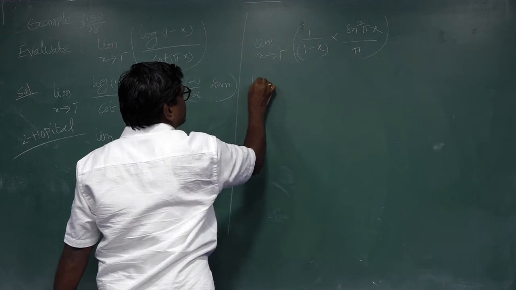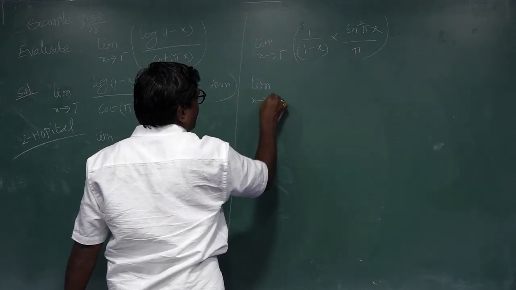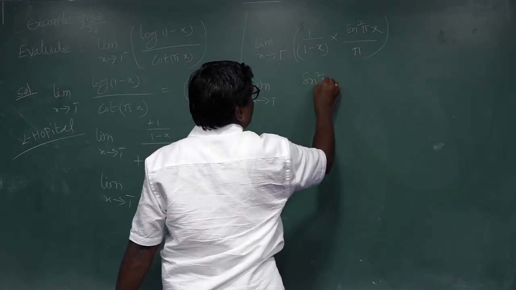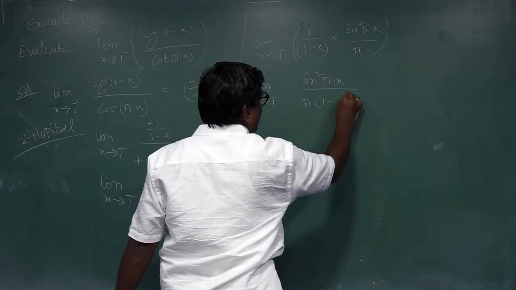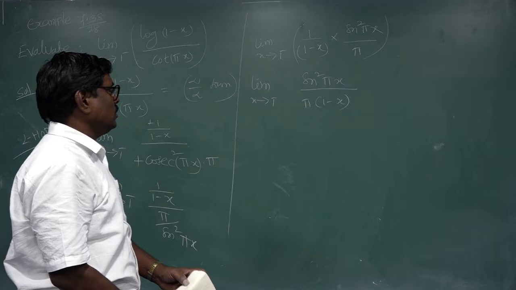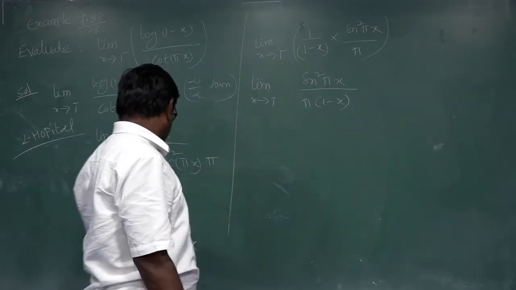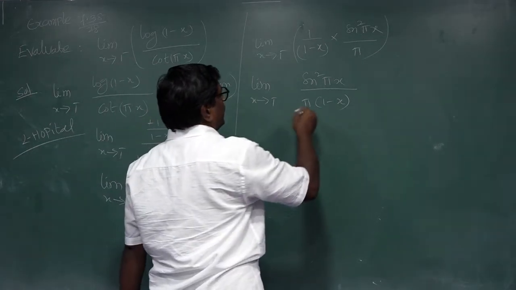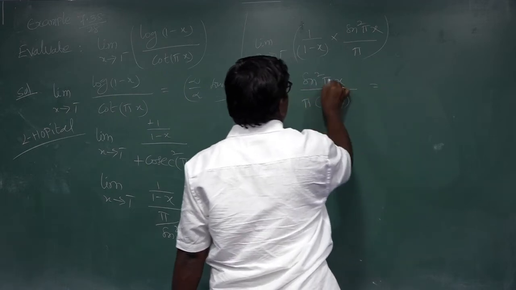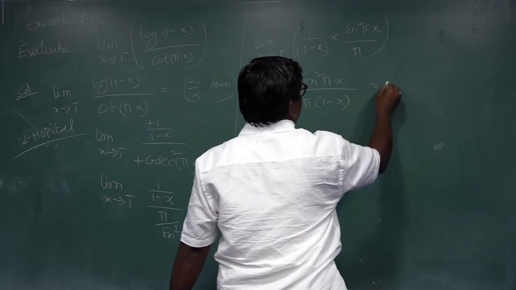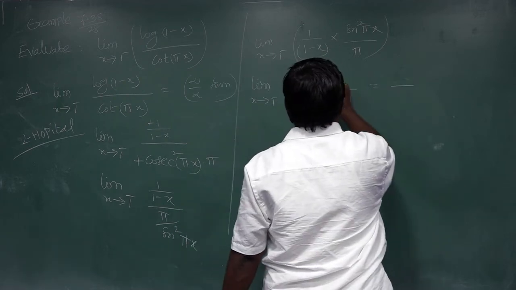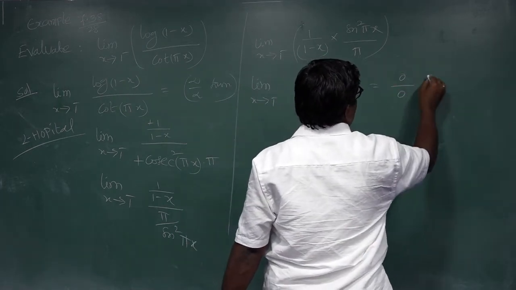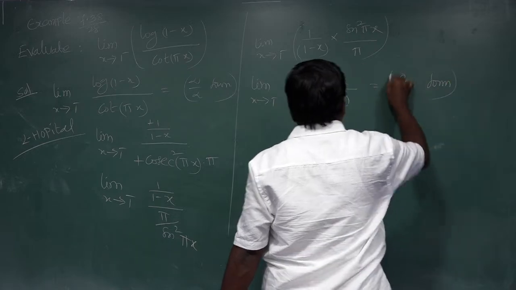This limit x tends to 1 minus, sin square pi x by pi into 1 minus x. Applying the limit, sin square pi by 1 minus 1 is 0, so sin pi is 0, and this is 0 by 0, an indeterminate form.